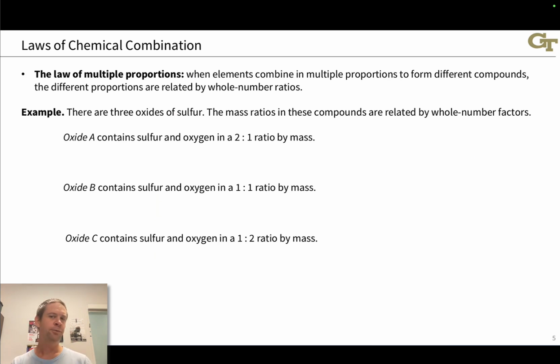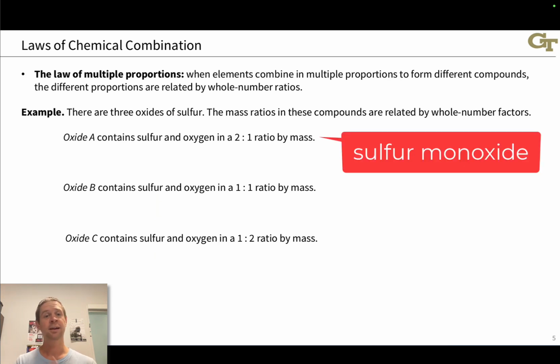When we combine sulfur and oxygen, there are 3 possible compounds that we could get. And these are the oxides of sulfur, compounds that contain sulfur and oxygen. Oxide A contains sulfur and oxygen in a 2-to-1 ratio by mass.